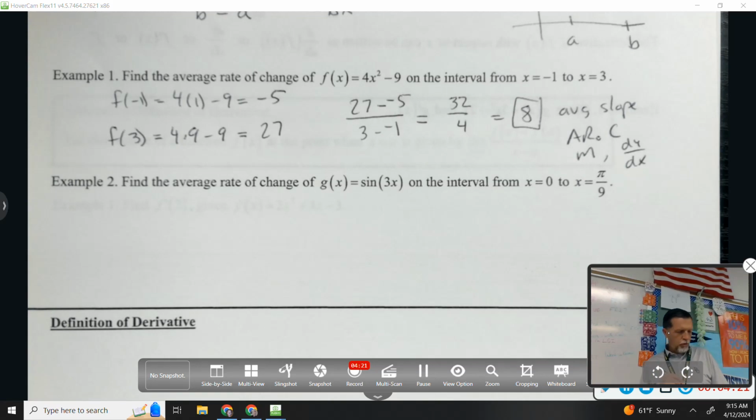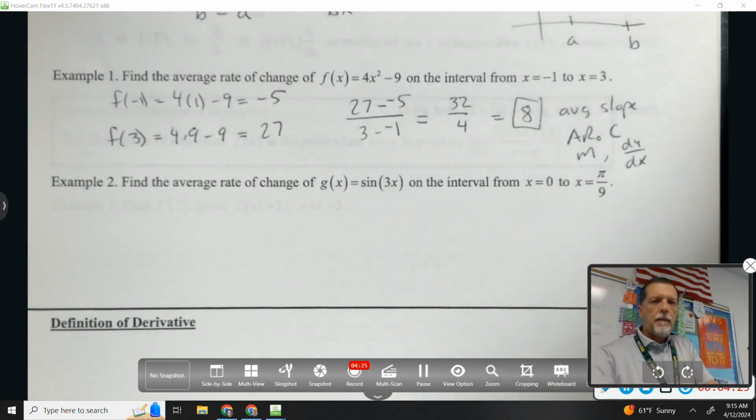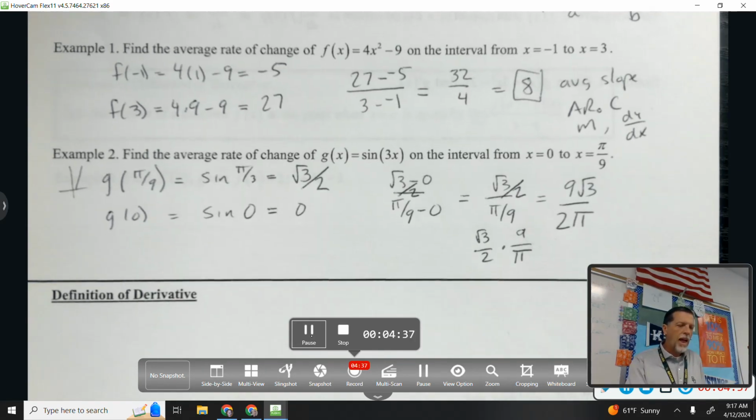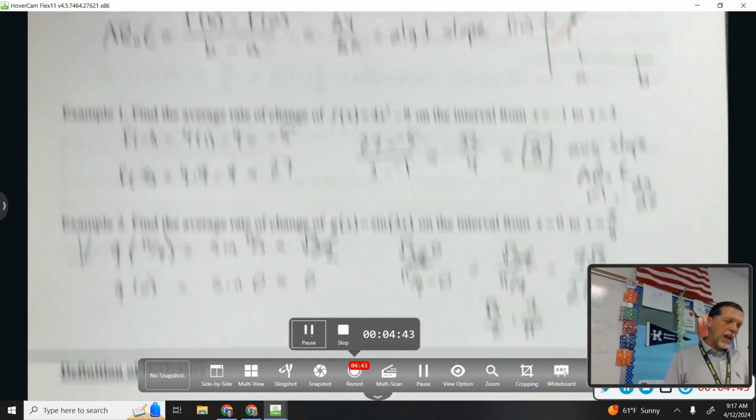All right, why don't you try example number 2? So change in y over change in x, and yeah, it doesn't matter which one comes first, as long as it's the same one coming first in the top and in the bottom. Average rate of change, slope, again, so it's super easy. There's nothing new about it other than maybe the name.